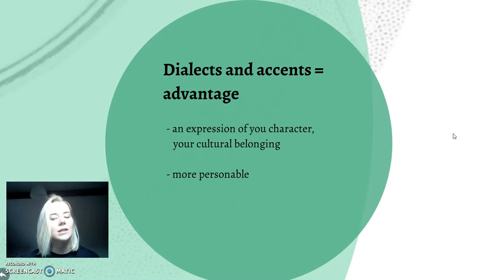We're living in a society which is more into emotional connection, and accents are more personable. They express your character and your cultural belonging. So a posh accent used to be the key to success, you would be trusted and believed, but that's just not the case anymore.